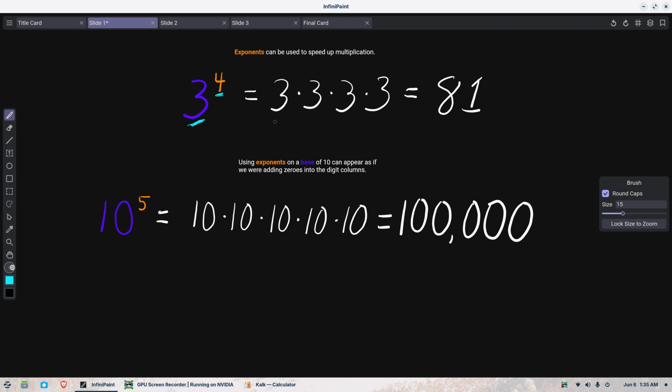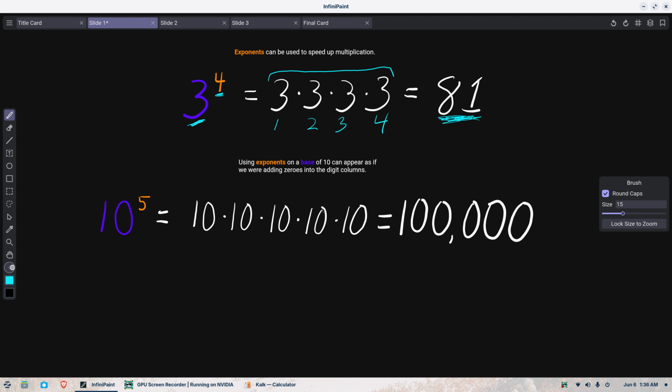You can see that we have 1, 2, 3, 4. We have written 3 4 times in this expression here, and after we have simplified the exponent, that finally becomes 81 when the multiplication process is complete.